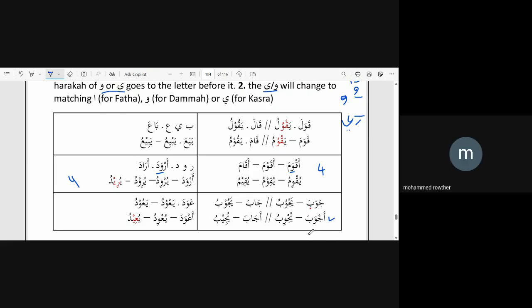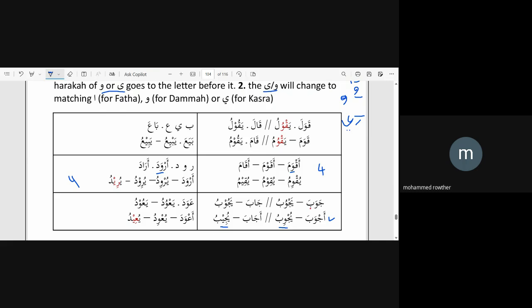So here, ajwaba, yujwibu. We make a kind of change. Ajwaba, yujwibu into yujibu. So we have a heavy letter in the middle, so to make it easy and simple, we make some changes. Like here, alif has fatha, jim has sukun, waw has fatha.